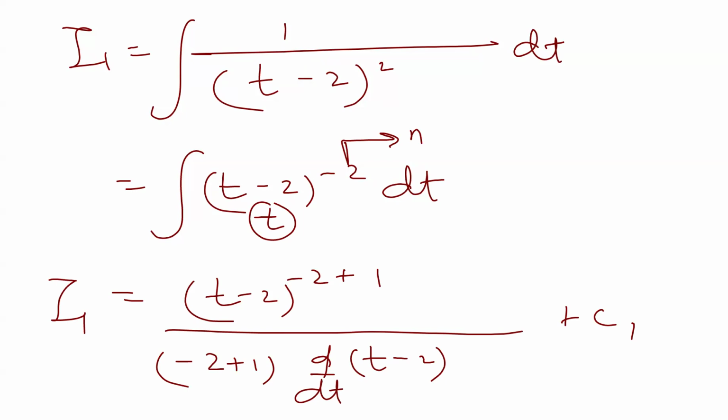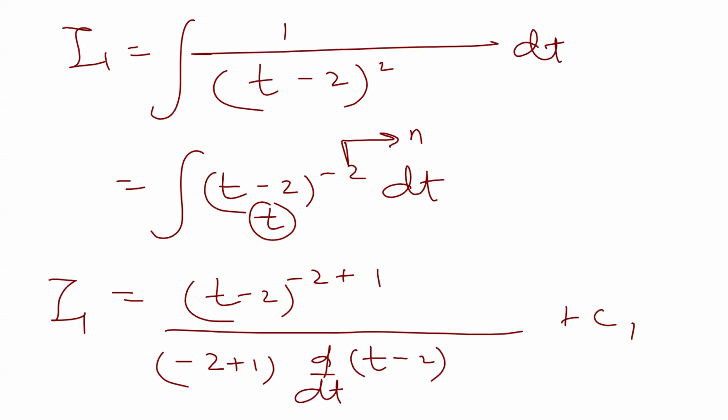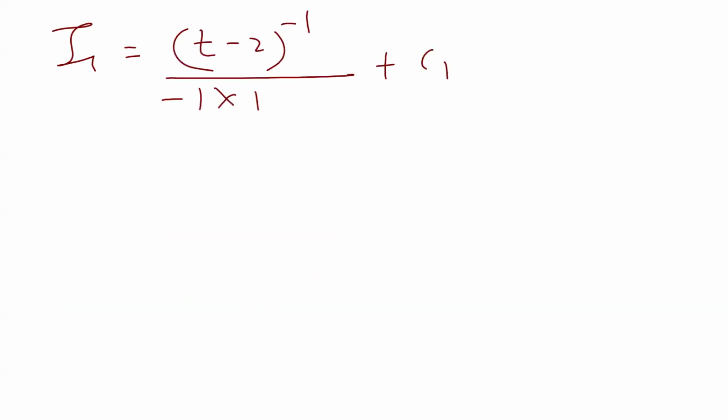So this will be t minus 2 raised to minus 1 upon minus 1. I1 is equal to t minus 2 raised to minus 1 into 1. Why minus 1 into 1? This is minus 1 and the derivative of t minus 2 with respect to t is 1 minus 0. So this will be t minus 2 raised to minus 1 upon minus 1 plus c1.